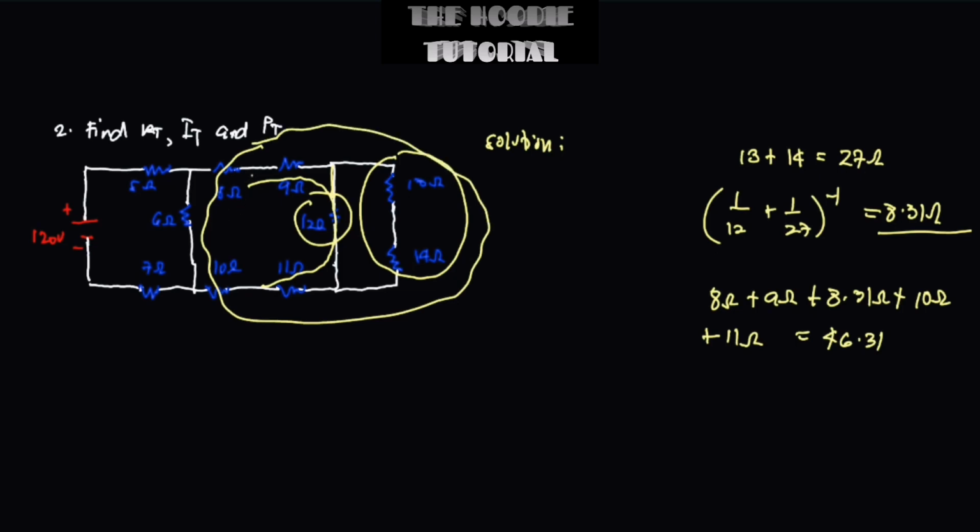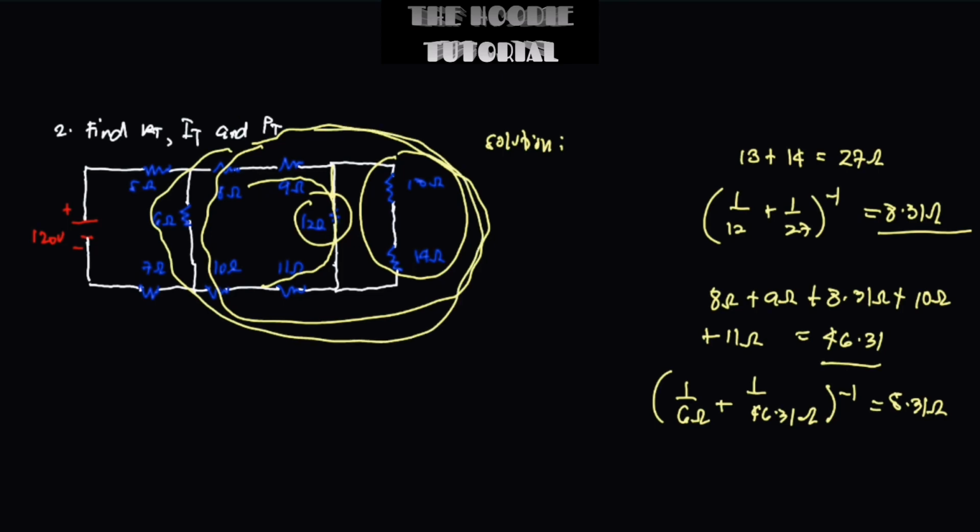So we already have unified all of these resistors inside the circle. So we only have one resistor right here, which is of course in parallel to 6 ohms. So we can add all that up also, that is 1 over 6 ohms plus 1 over 46.31 ohms, which are connected in parallel. So that would become 5.31 ohms. So we are now having only one resistor, which is in turn connected in series to these two resistors.